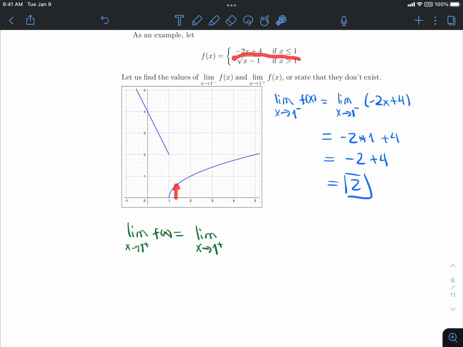When x is greater than 1, we're using the other rule, the root of x minus 1. Since x is greater than 1, x minus 1 is positive, so we are allowed to use the root law.